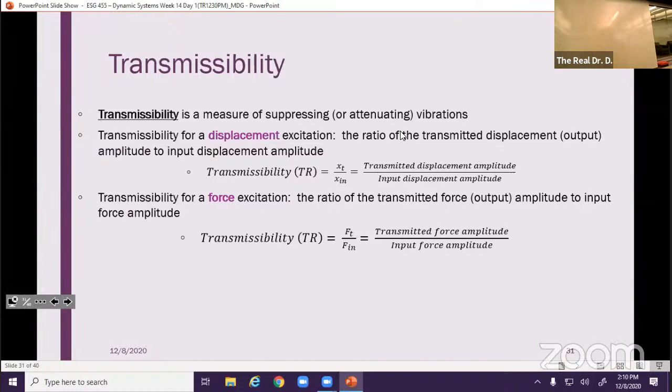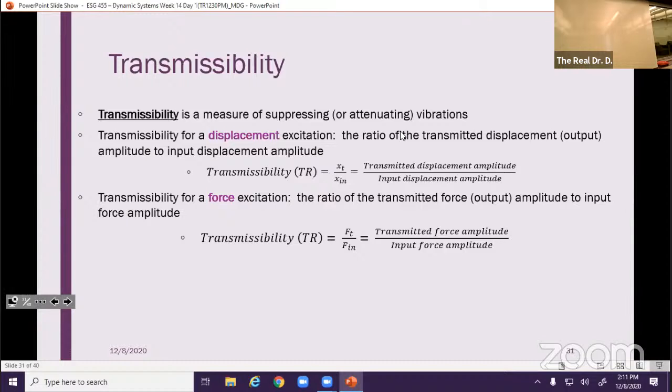Transmissibility for displacement excitation is defined as the ratio of the transmitted displacement, or the output, to the input displacement amplitude. That sounds very familiar. It sounds almost like a transfer function.